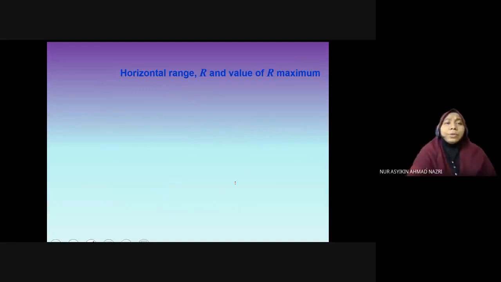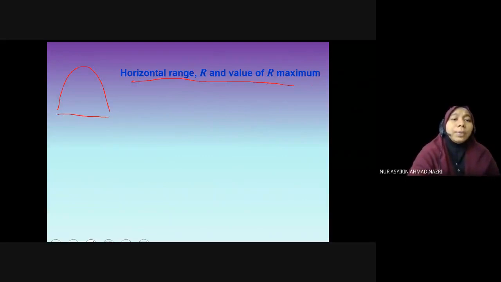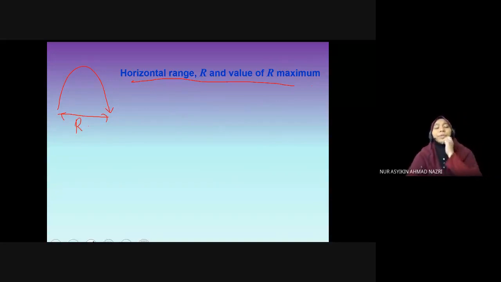Alright, now we are talking about horizontal range. What is horizontal range? Again, recall the trajectory. So this is your range here. Means the maximum distance or displacement that the X component can make.